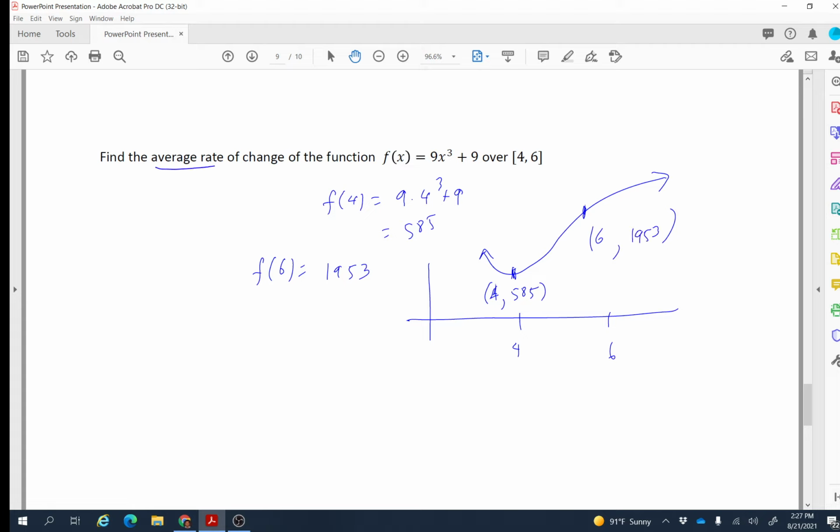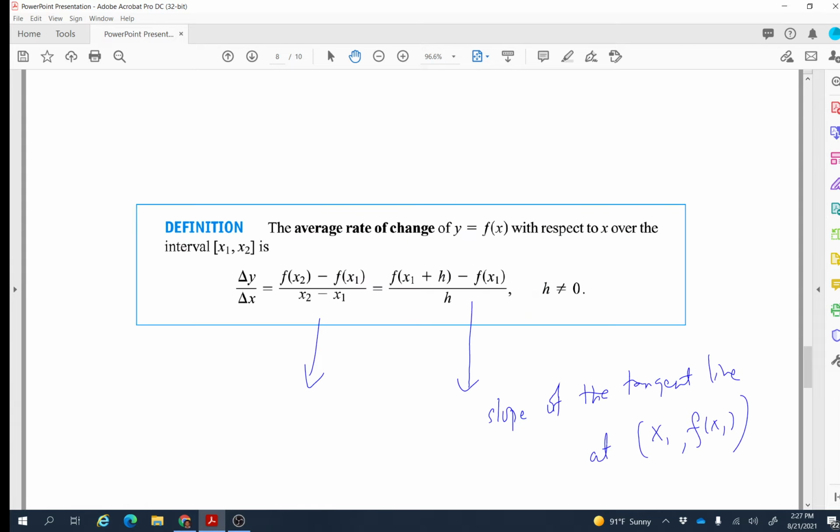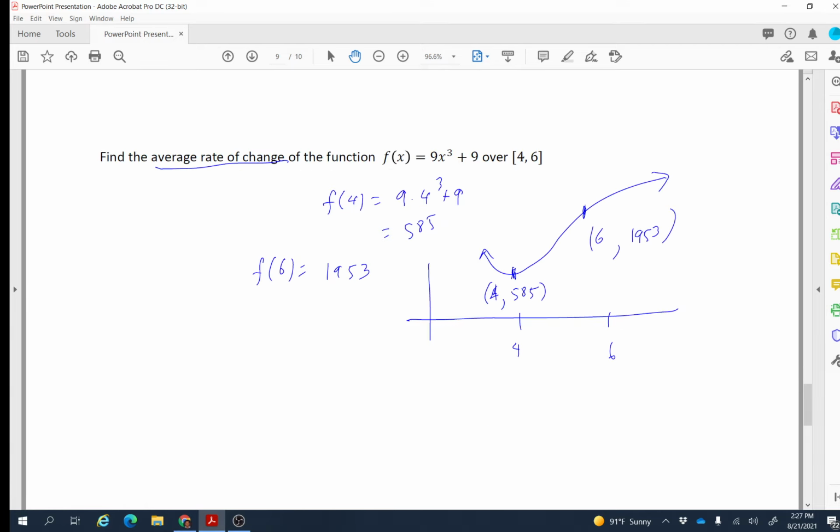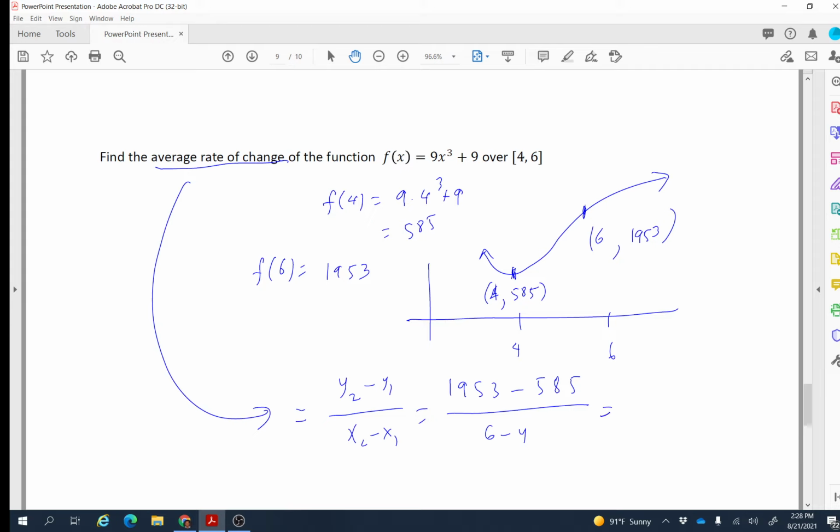Now if you want to find out the average rate of change, you can use this formula, this one. Average rate of change can be found by y2 minus y1 over x2 minus x1. y2 means this value, which is 1953, minus y1, which is 585, over 6 minus 4.